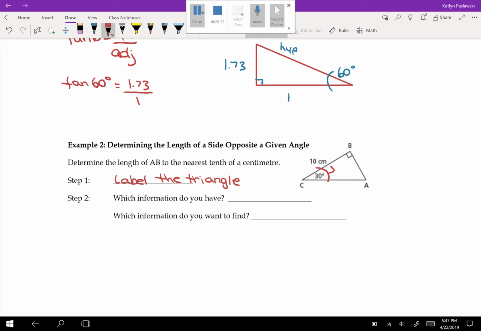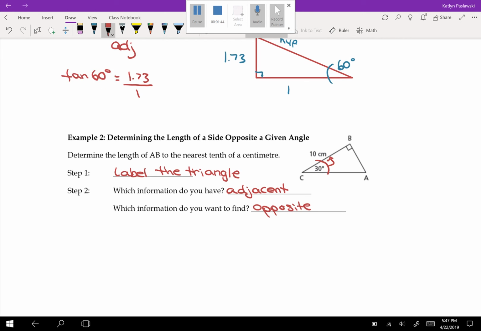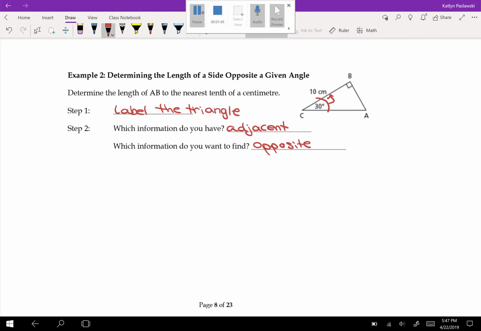We have the adjacent side, and we're looking for the opposite. So we have tan 30, as we're given in the triangle, is equal to the opposite over the adjacent.